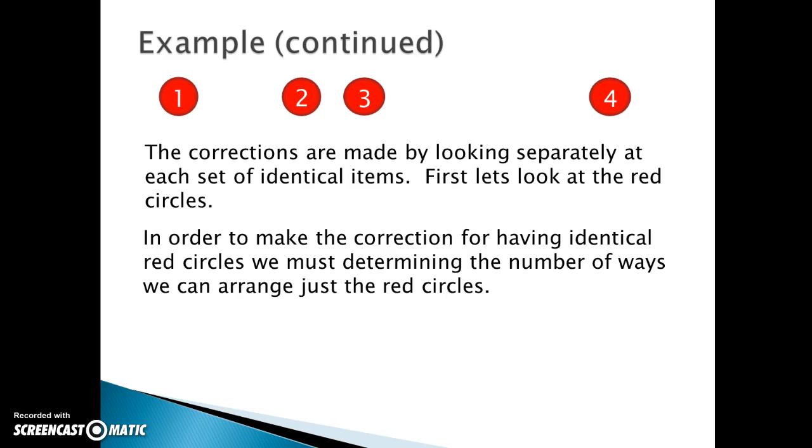In order to make the correction for having identical red circles, we must determine the number of ways we can arrange just the red circles. We can use the same factorial rule. This would be the number of red circles factorial, or 4 factorial, which would give us 24. So we're going to have to use this 24 as a correction factor.